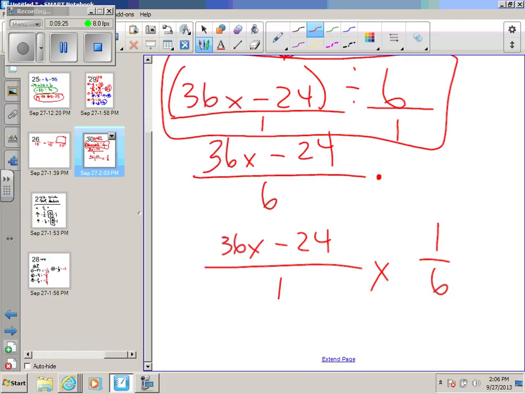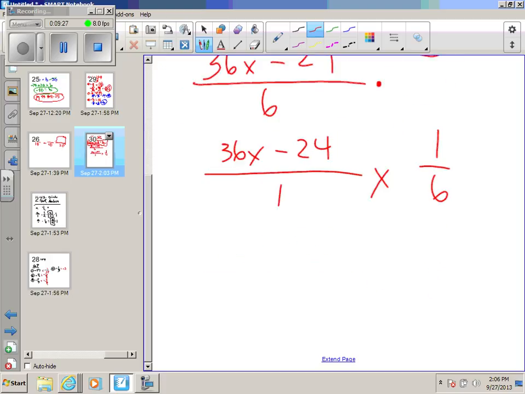If I were to take the 36x just by itself and multiply it to 1/6, because that's essentially what I'm doing, I'm looking diagonally to see if they have anything in common. Do the numbers themselves have anything in common with 6? Sure they do. So 36x and 6 both have 6 in common.